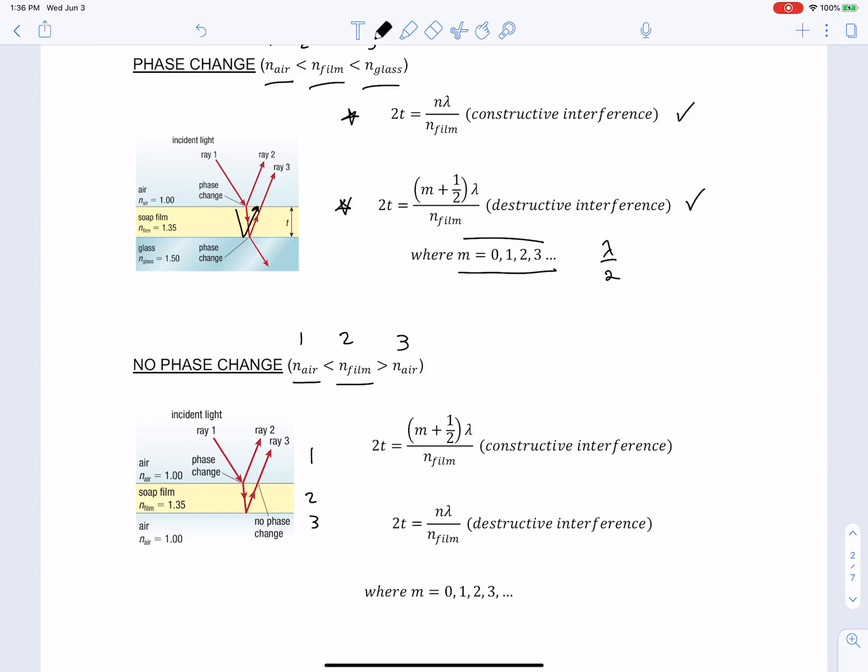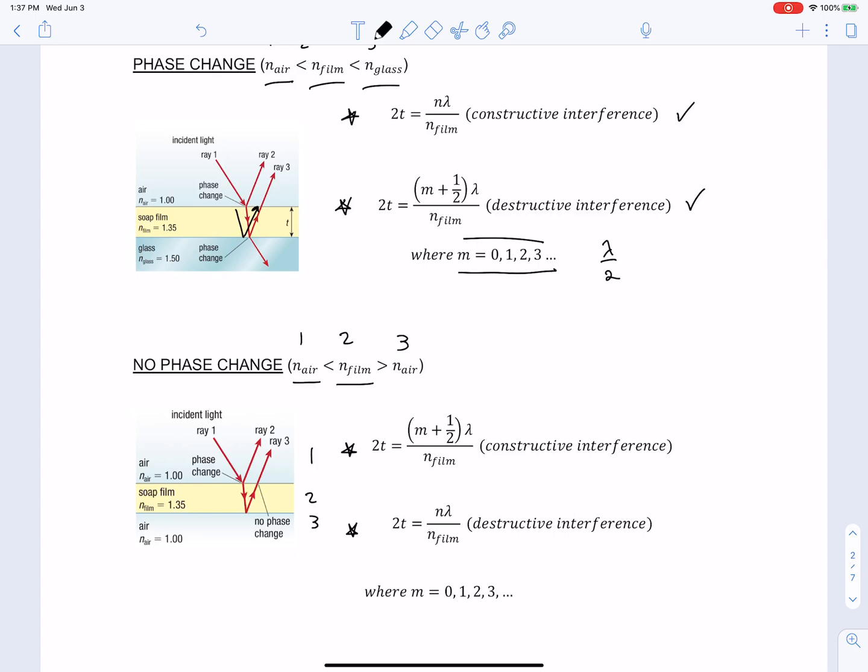When this happens, then both of the waves will have a phase change, and the emerging result is a no phase change situation. So in this situation, all you need to know is that the equations flip.